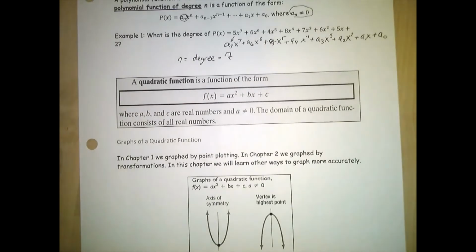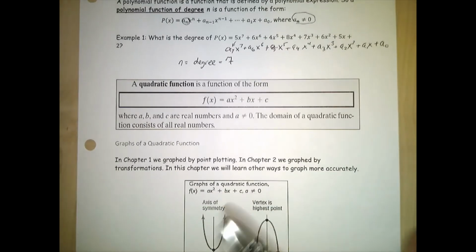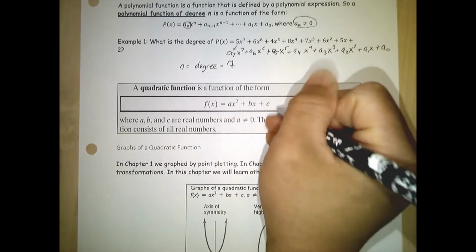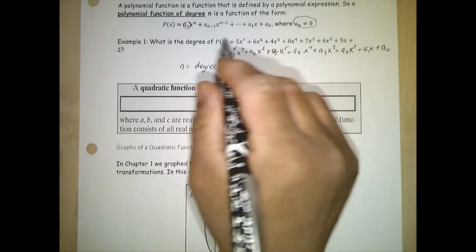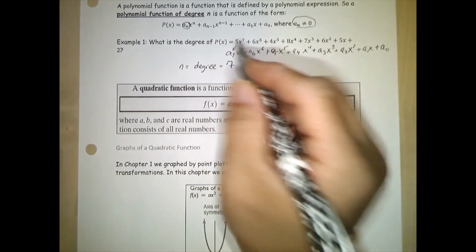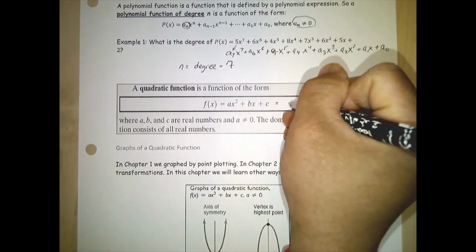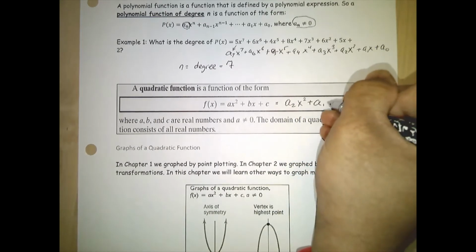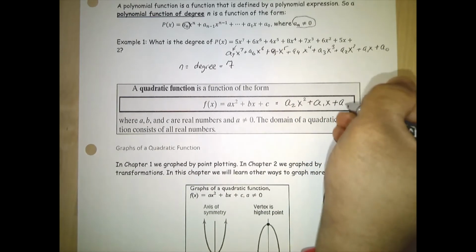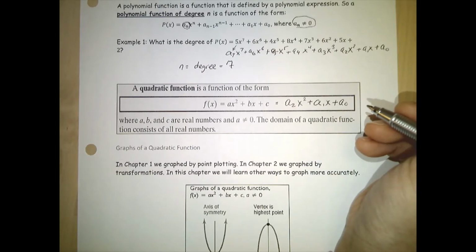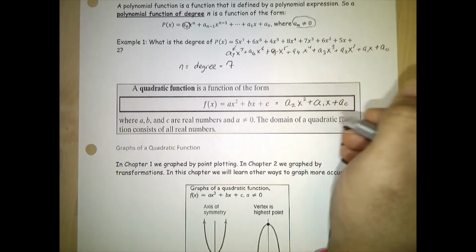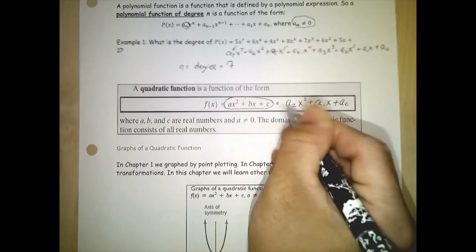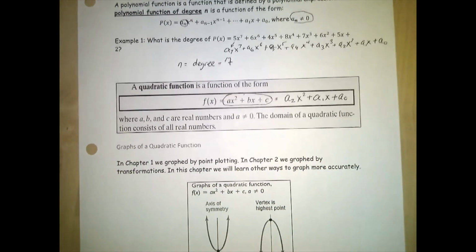So specifically, a quadratic function is of the form f of x is ax squared plus bx plus c, or if we write it in the notation of a general polynomial function, it's a 2x squared plus a 1x plus a 0. Alright, so this is just another way to write the quadratic function, using a, b, c instead of a2, a1, and a0.